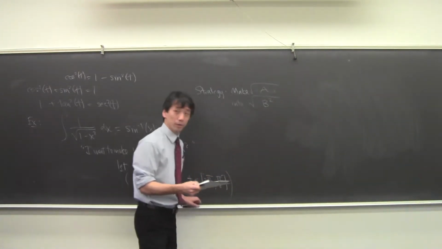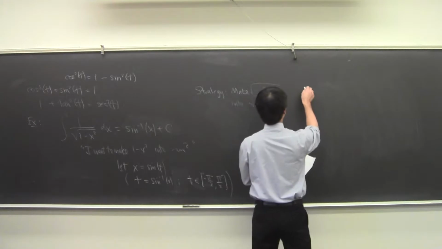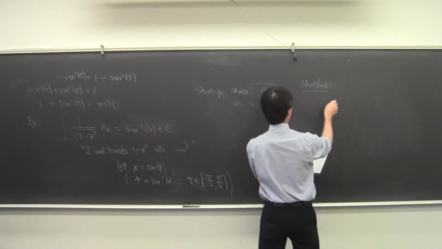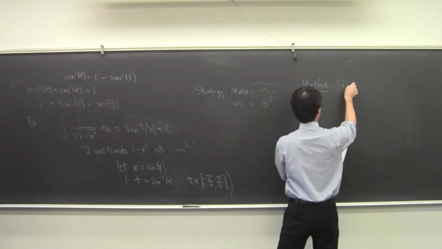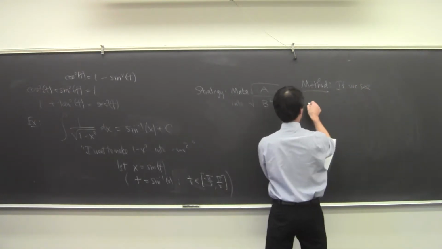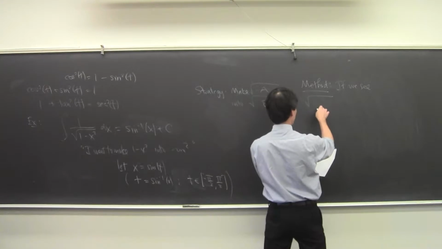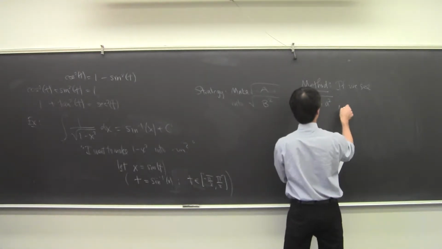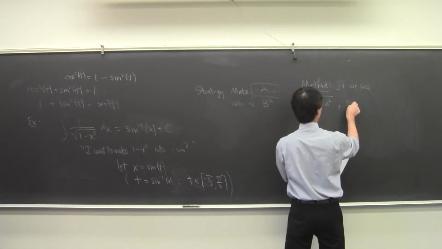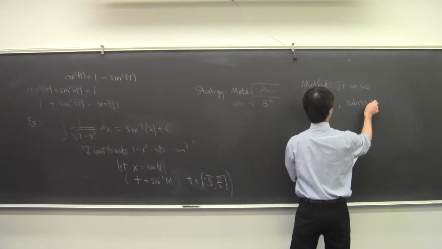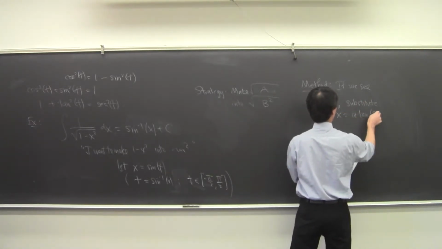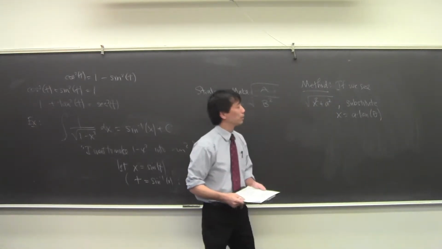Okay. So here we can sort of write down a method. If you see the square root of x squared plus a squared, substitute x as a tangent theta.